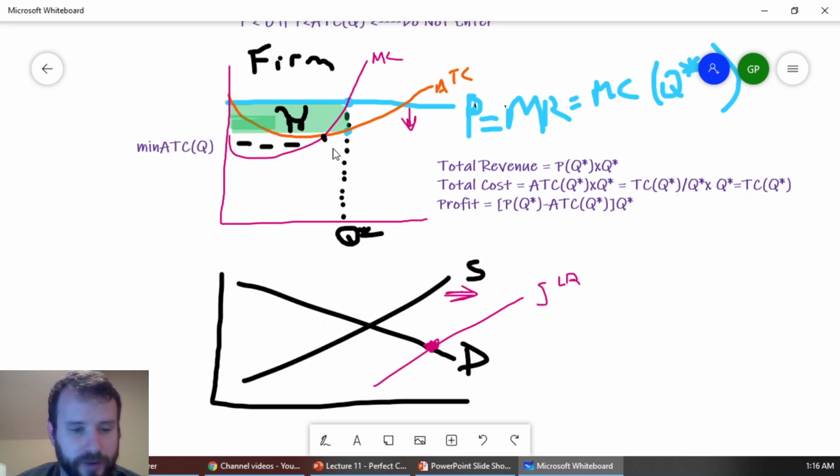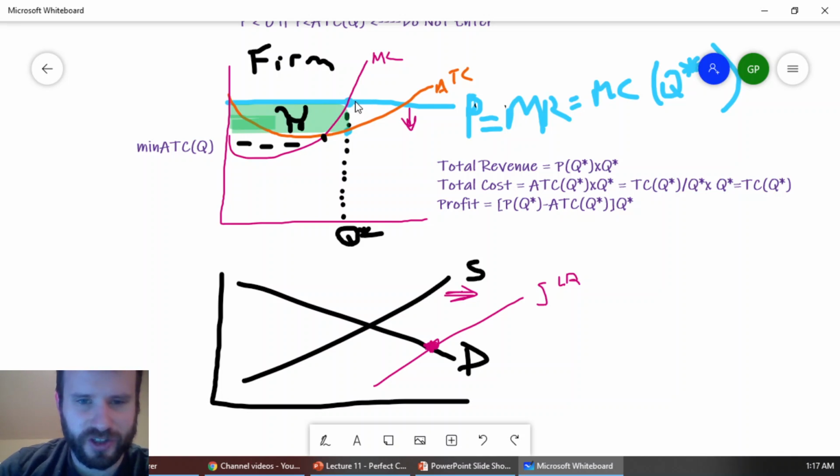it's perfectly competitive. And if price were at any point above, like let's say price were here, it's still on the average total cost curve, but, well, sorry, I want to explain this well.